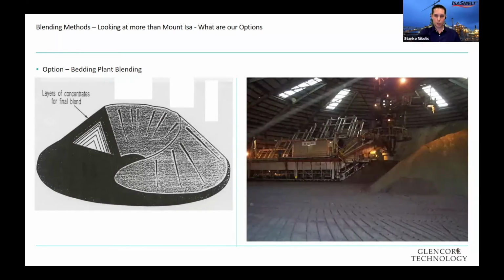So this option that you see here up on the screen is a radial blending technique. That's not the only option. You can see here, this is the reclaimer, reclaiming the front face, or cutting that blend, or that stacked blend of concentrate that we've selected.